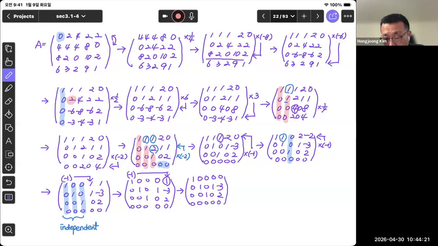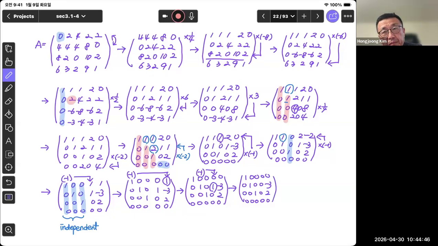Okay. Now, let me multiply negative 1 to the second column and then add it to the fourth column. Then this 1 will become 0. So you get 1, 0, 0, 0, 0, 0, 1, 0, 0, negative 3, 0, 0, 1, 0, 2, and zeros.